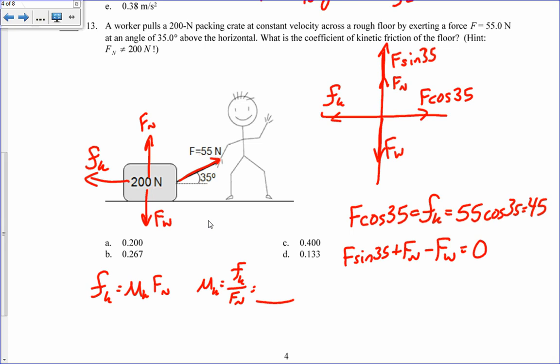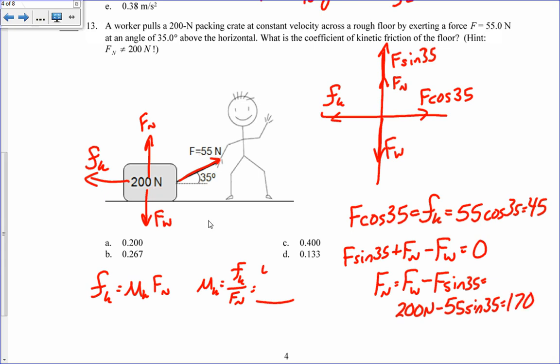And here I also need to find the normal force. The normal force is going to equal Fw minus F sine 35. That's going to equal 200, that's the weight of the object, minus 55 sine of 35. I get 170, I'll call it.